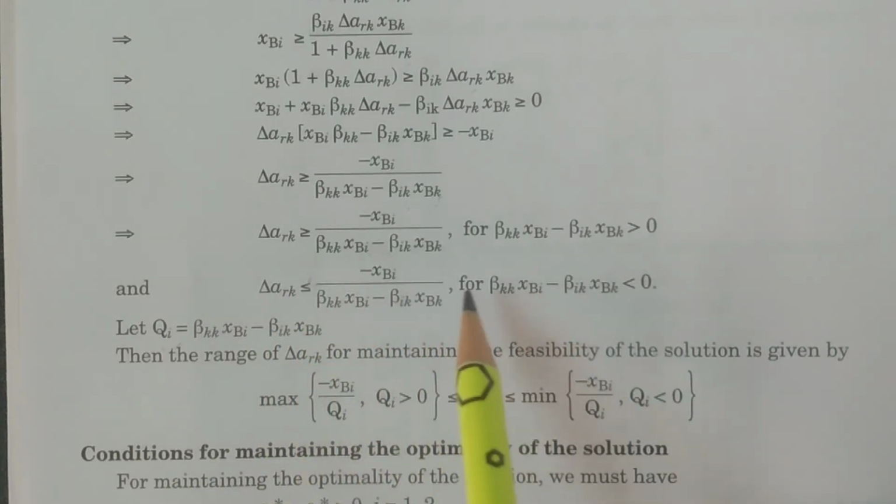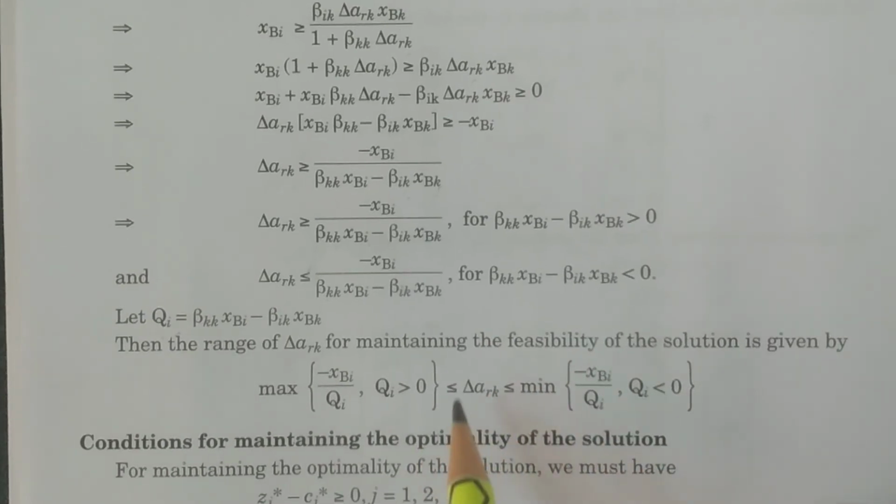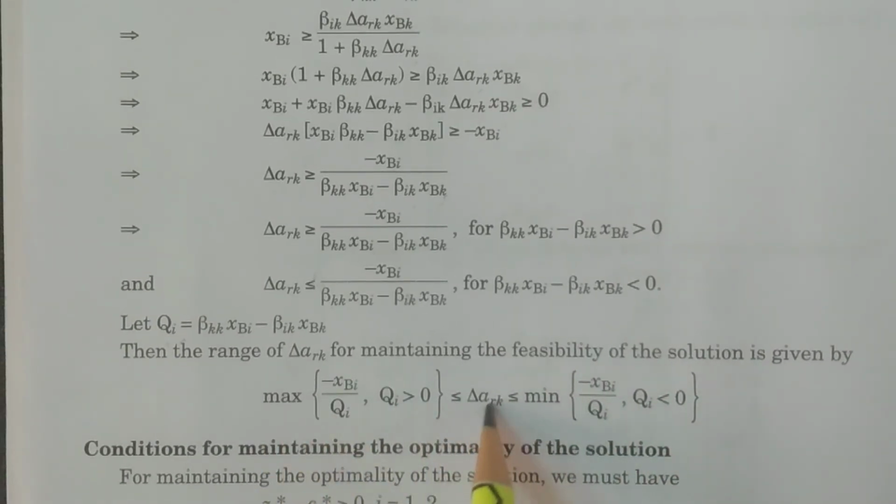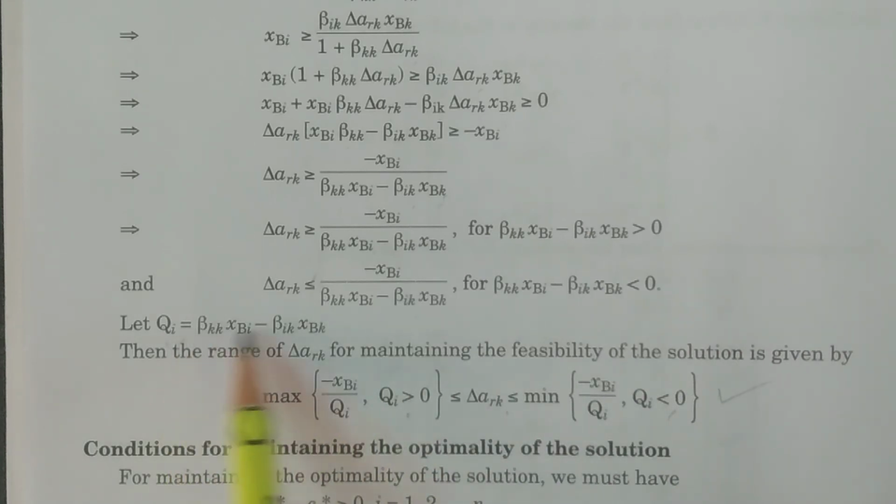Therefore, for maintaining the feasibility, delta rk must lie between these two: maximum of minus xbi by qi for qi greater than 0, less than or equal to delta rk, less than or equal to the minimum of minus xbi by qi for qi less than 0. This is the condition of feasibility. To maintain feasibility, the range of delta rk must be within these two limits, where qi is as defined.